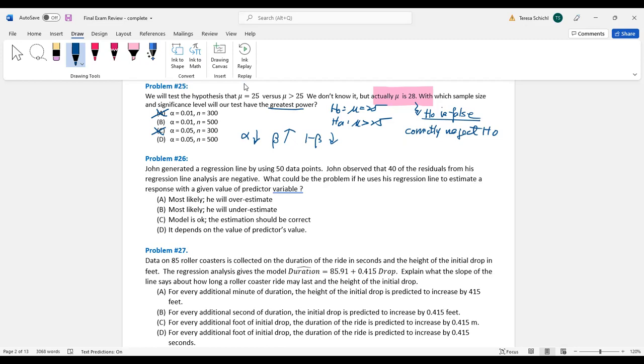On the other side, if your alpha value is bigger, then beta is smaller. If beta is smaller, then 1 minus beta, the power, is going to be bigger. So I want to choose alpha equal to 0.05 here. This will be D.